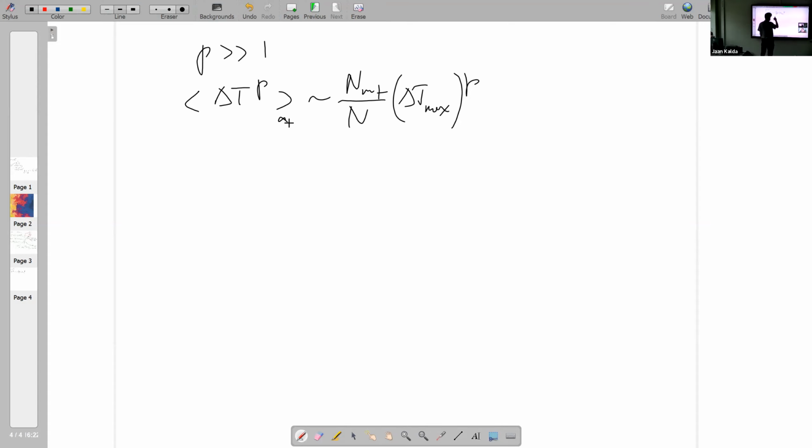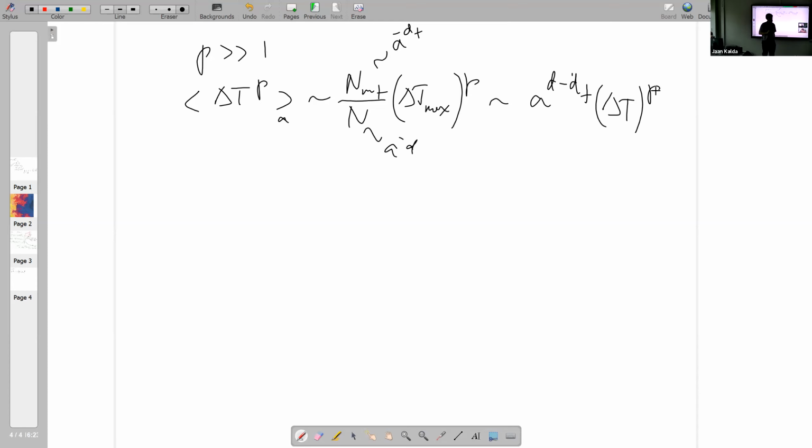So we need to now take a number of boxes at scale A. So this is proportional to about A to the power of minus d fractal, and here this is A to the power of minus d, the dimensionality of the space. So overall, this is going to be A to the power of d minus d_f, the co-dimension of the fractal, multiplied by delta T to the power of P.